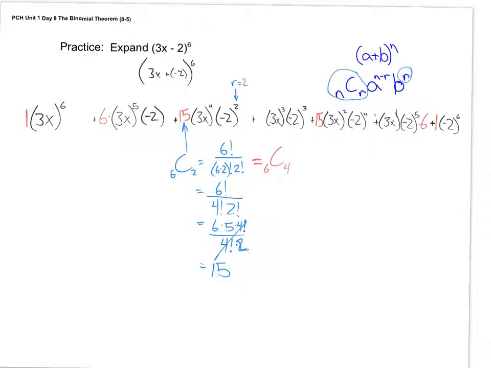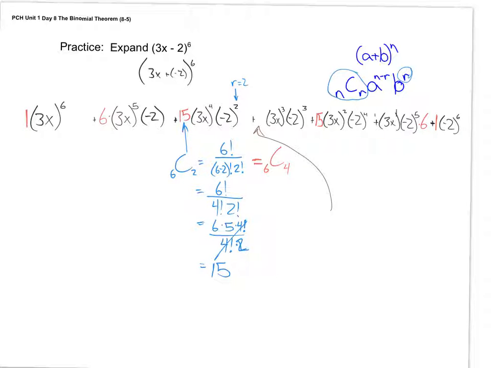So these are logically the same thing, 6 choose 2 and 6 choose 4. And mathematically they end up being the same as well, because if you do 6 minus 4, you'll get the 2 factorial, and then r is 4, so you'd have the 4 factorial in the denominator. Okay? So there's really only one more combination we need to do here, and that is for this middle term.